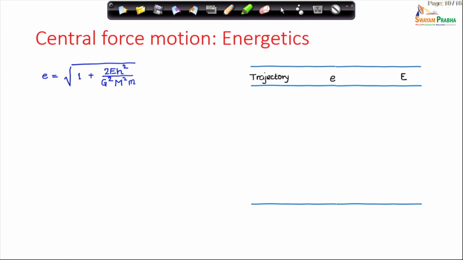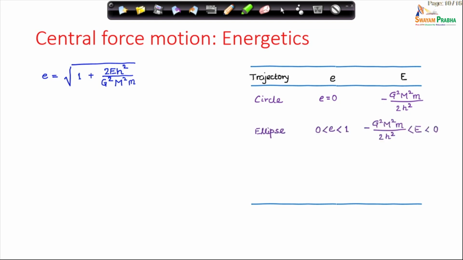Now, this is the expression of eccentricity. I will prepare a table and correspondingly I will write down the kind of trajectories we have. When it is a circle, the eccentricity e is 0, and from that expression I can find out what is capital E, the energy. Therefore, from the expression of eccentricity I can find out the energy for a circular path, which is given in the third column, the first entry.